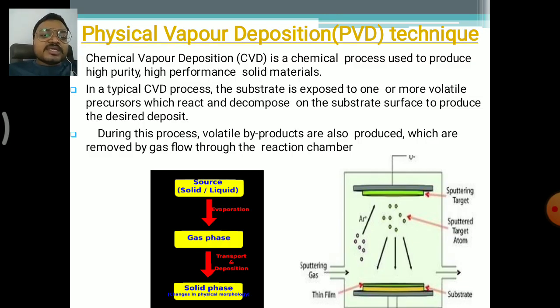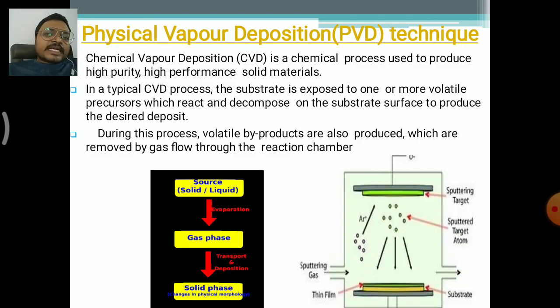Next, in transportation and deposition, it changes again to the solid phase. So in physical vapor deposition, the phases change from solid or liquid to gas, and then from gas to solid.